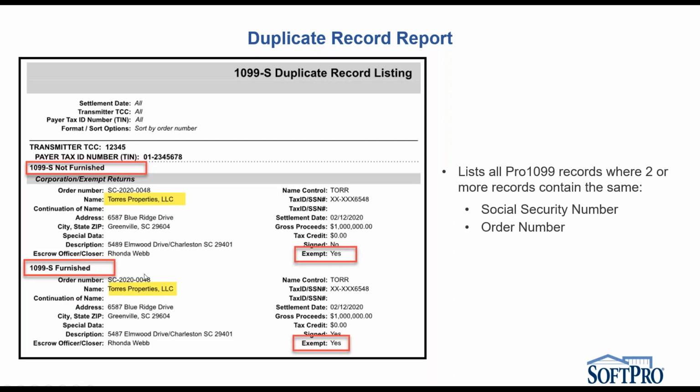So kind of a neat find here, but just so you guys know, the duplicate record looks at social security numbers, EINs, and order numbers. And the biggest thing I hope you take away from this is please change your organizations on your sellers.